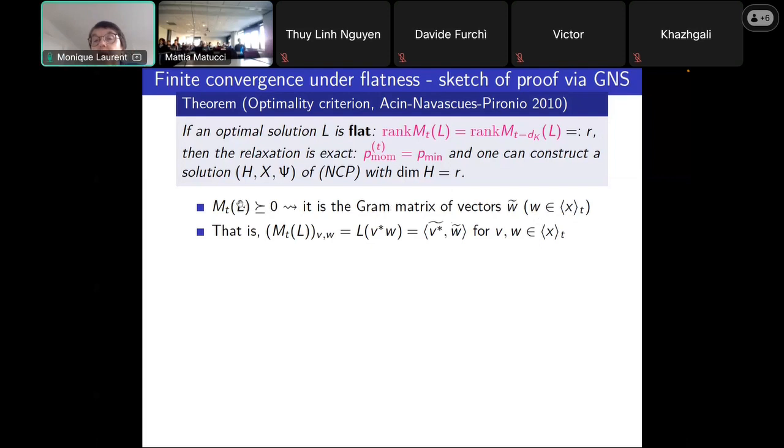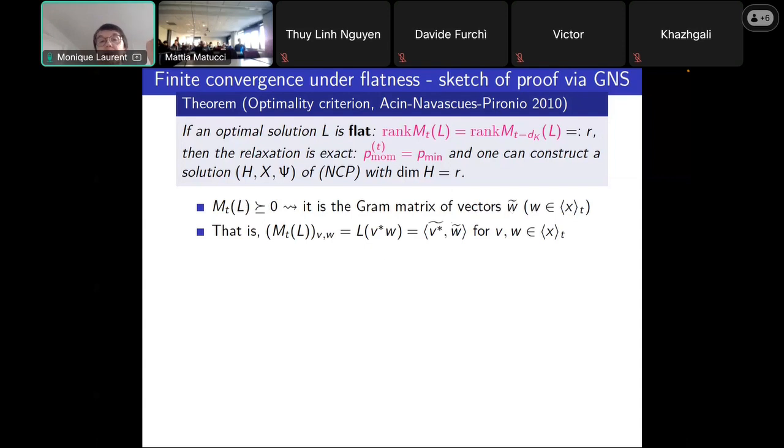And if this moment matrix is a Gram matrix of vectors, then for each row index we have a vector. The matrix is indexed by words, which means that to every word we associate a vector, which we call w tilde.